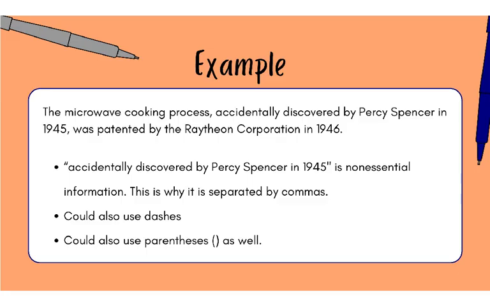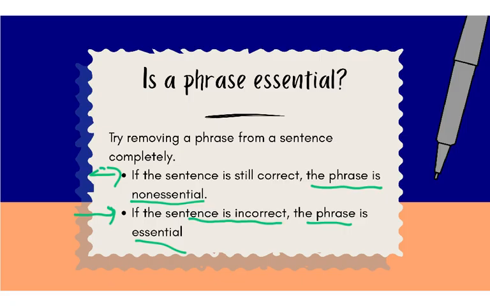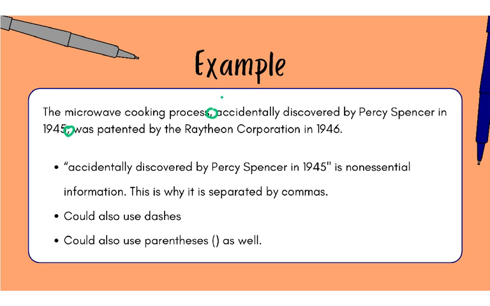So what we do first is we identify this information surrounded by commas. And then we take it out of the sentence. The microwave cooking process was patented by the Raytheon Corporation in 1946. Because this does make sense, that means this information is non-essential, and because it's non-essential, we can include it by separating it off with commas or dashes.